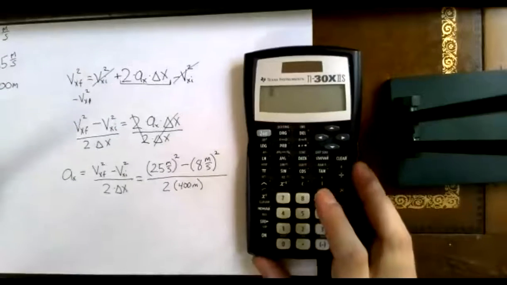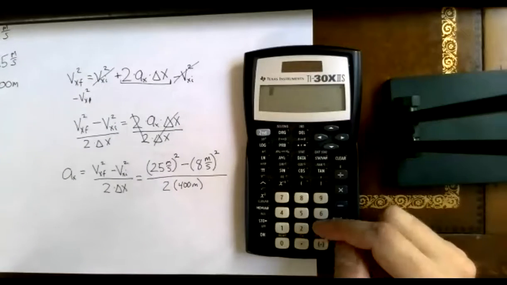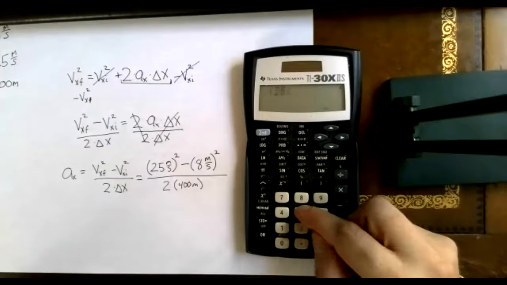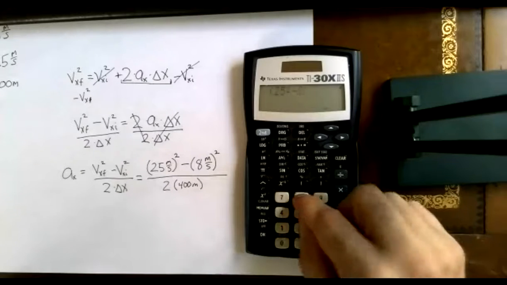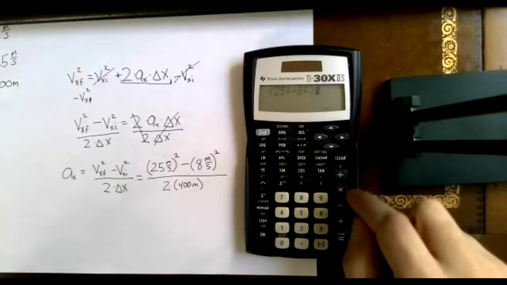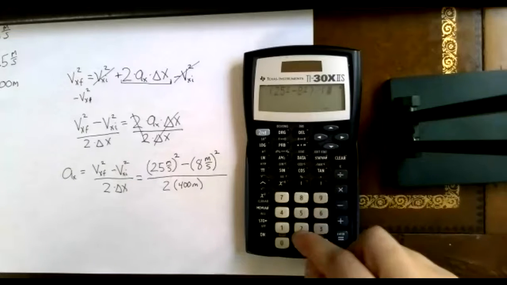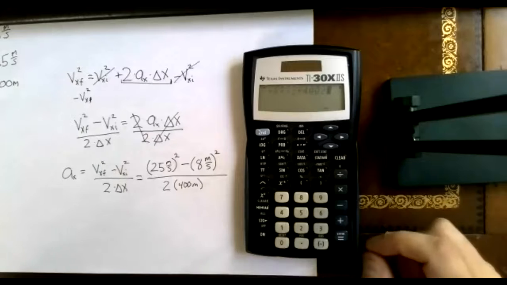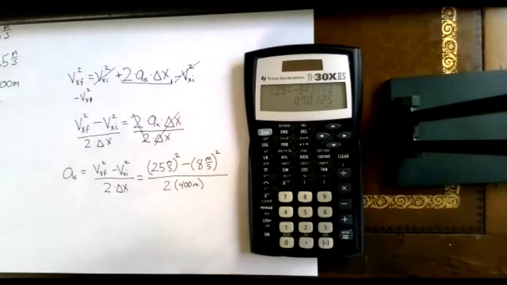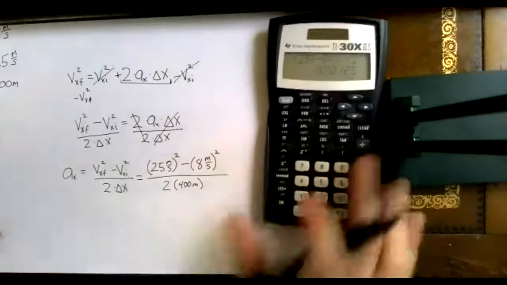Okay, so I'm going to put the numerator in parentheses here, and I'll do 25 squared minus 8 squared, and then I'll divide that by 2 times 400, which I'll put in parentheses as well. And I get 0.7.